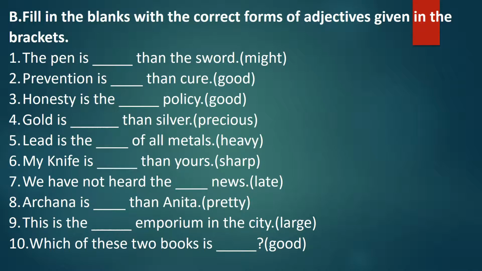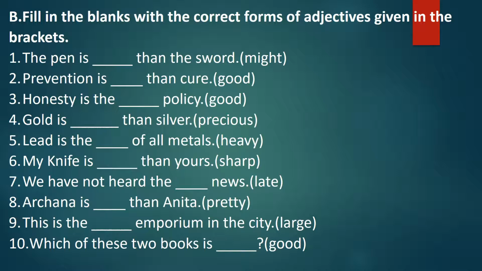Now the fourth one is, gold is dash than silver. We are comparing two things in comparative degree, gold and silver. So the comparative degree of precious will be more precious.